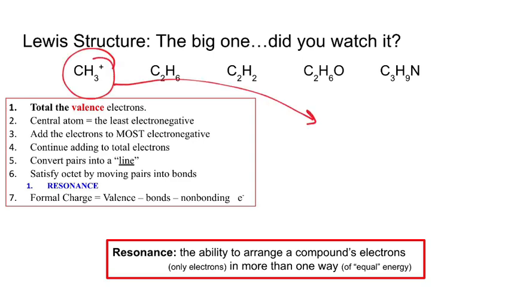What did that structure look like? That was that, right? Does it have 4 bonds? Does that mean my structure is wrong? No. So there's exceptions?